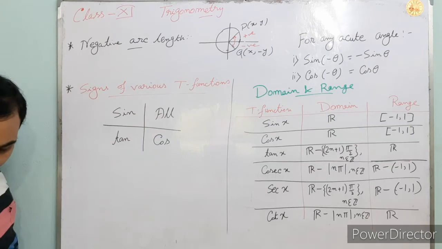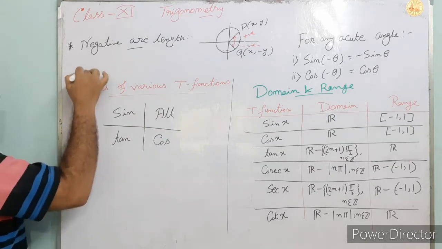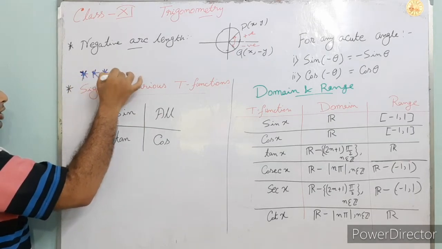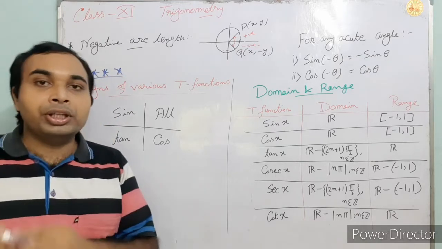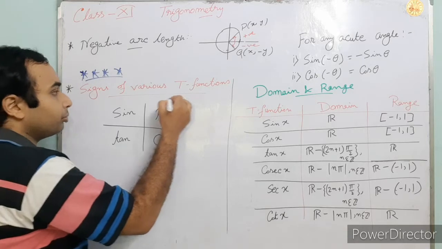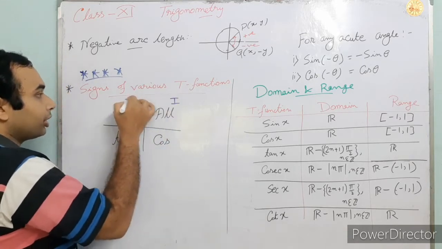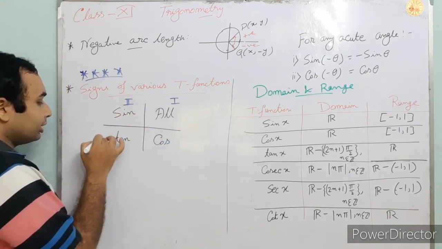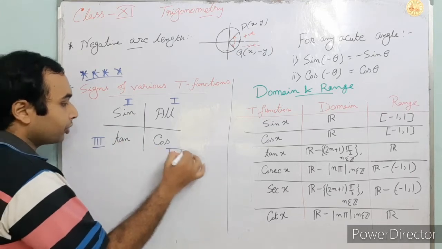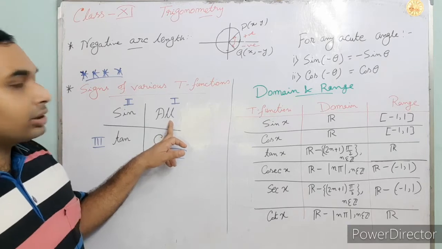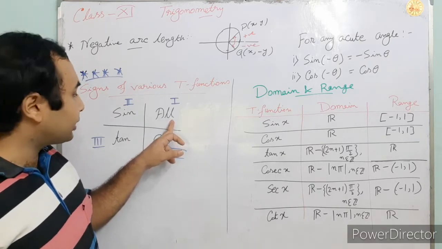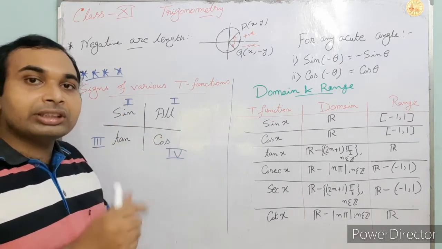Now this is the most important thing for trigonometry: the sign of various trigonometric functions. You will keep in mind that this is the first quadrant, this is the second, this is the third quadrant, and this is the fourth quadrant. Remember it as: all, sine, tan, cos. This is the rhythm.